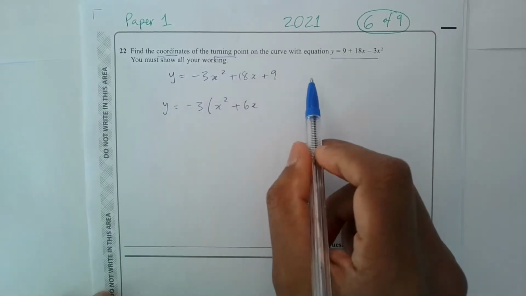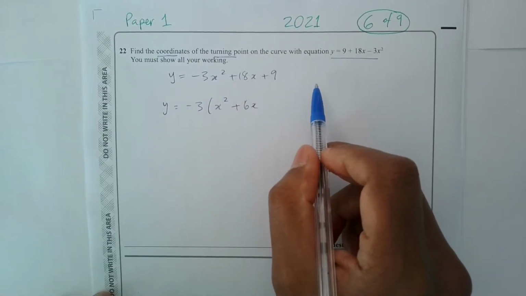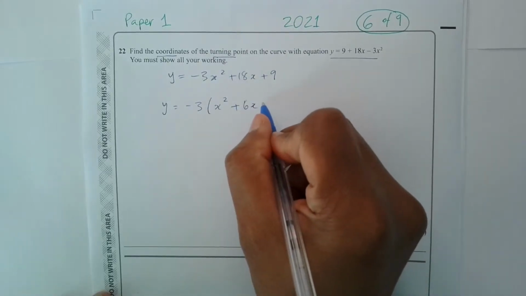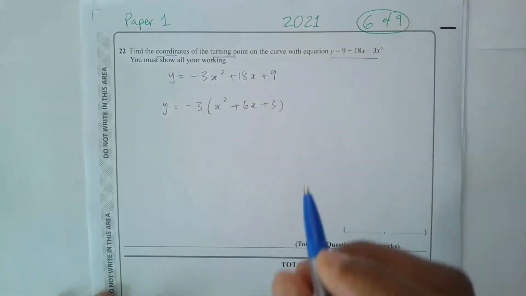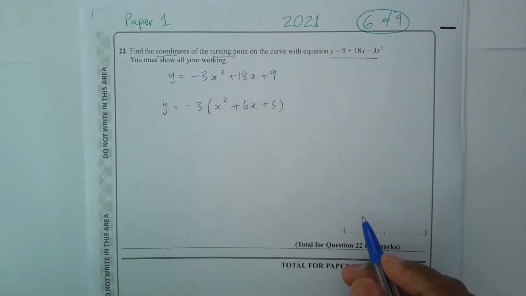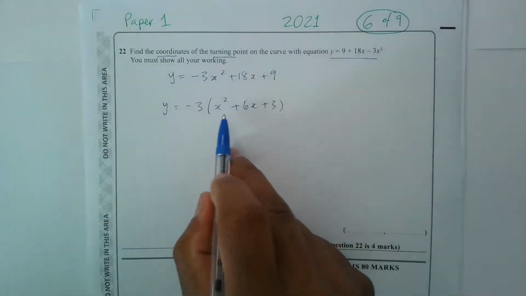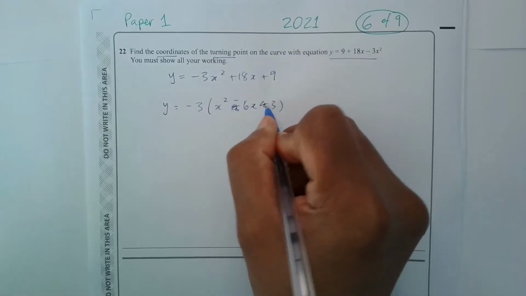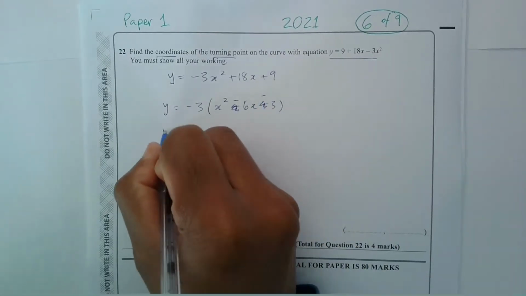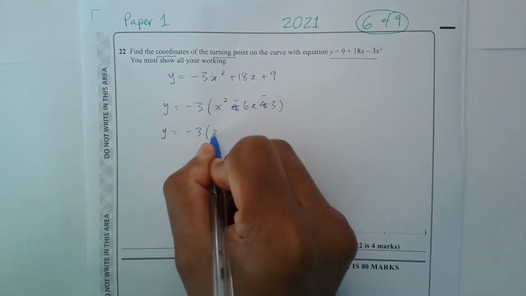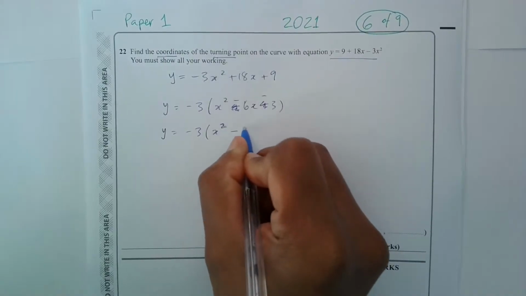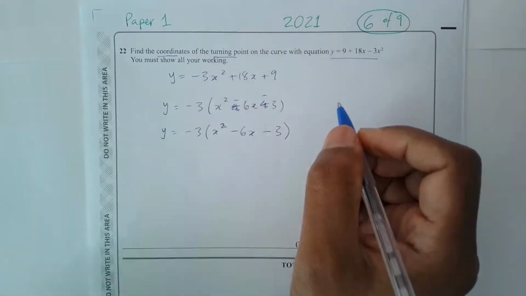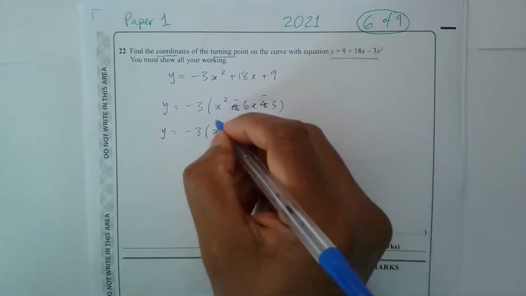And 9 divided by 3 is also 3. Okay, so I've done that. Now, if I factorize by 3, I've forgotten my signs, so be careful with your signs. Minus and minus. Let me just rewrite this. It's going to be messy. x squared minus 6x minus 3. Okay, so I've done my factorizing.